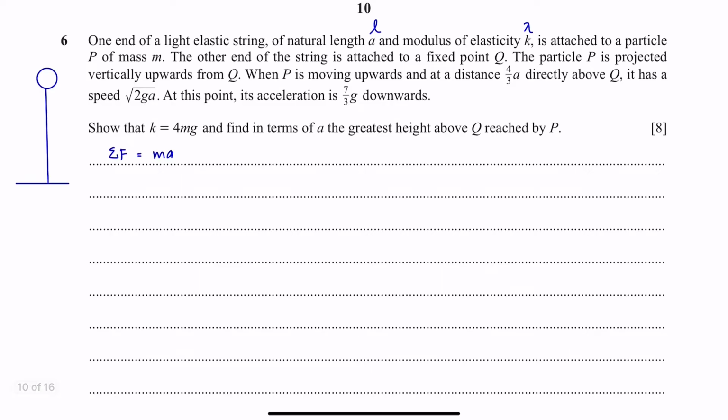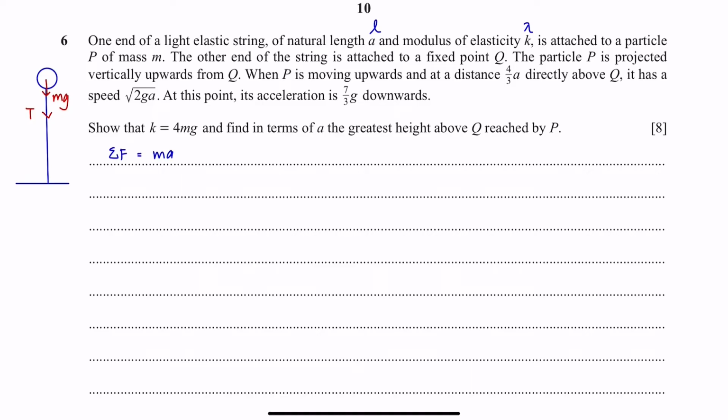So we have the weight downwards, mg, and because this elastic string is stretched, that means the tension force is also downwards because it is stretched. The distance is 4 over 3a and the natural length is a. That means there is some elastic potential energy. So it is stretched, there's tension.